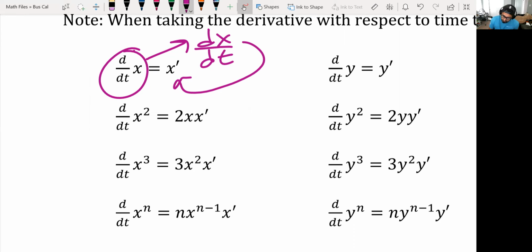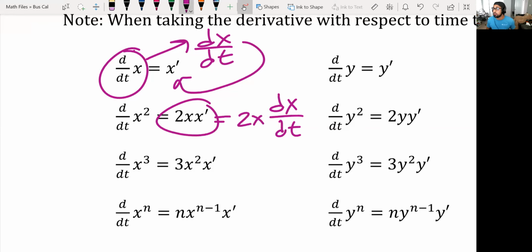Same thing here: this would also be known as 2x dx over dt, or, keeping it simple, 2x x prime, and so on and so forth. So these are the implicit derivatives of x with respect to time.